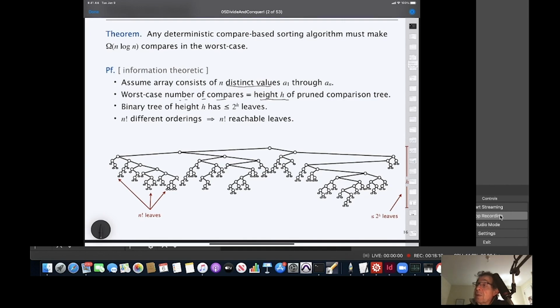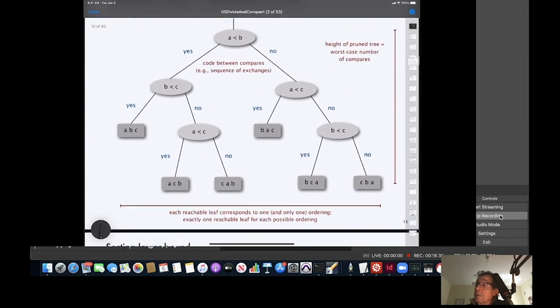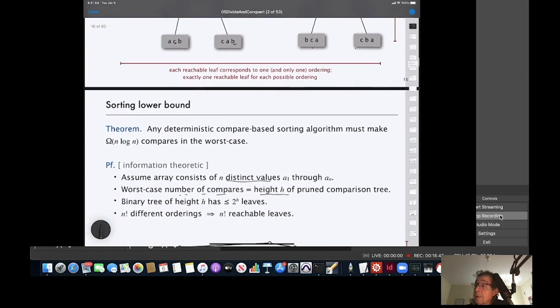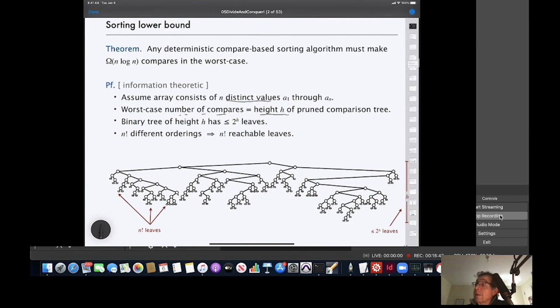But a binary tree of height h would have at most 2 to the h leaves, and n factorial different orderings would imply n factorial reachable leaves, just as we saw in this case. There are 3 factorial permutations of 3 elements, and that's 6, so we have only 6 reachable leaves in that tree.